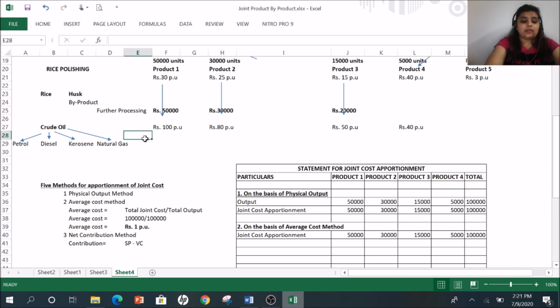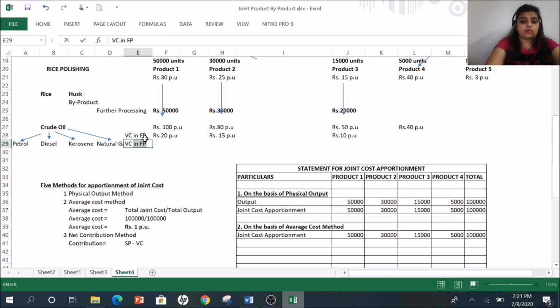Let us say the variable cost in further processing is rupees 20 per unit here, rupees 15 per unit here, rupees 10 per unit here, and there is no further processing for product 4.